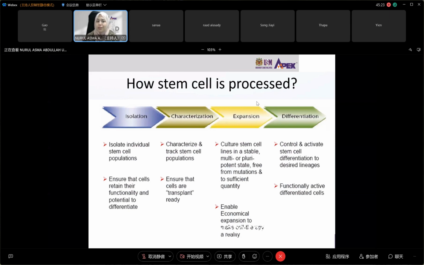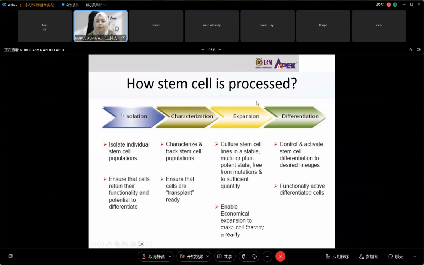You can isolate the stem cells from various types of sources: from the blastocyst for pluripotent, from the bone marrow or from the blood as multipotent stem cells, or from the epithelial cells that you induce into induced pluripotent stem cells.